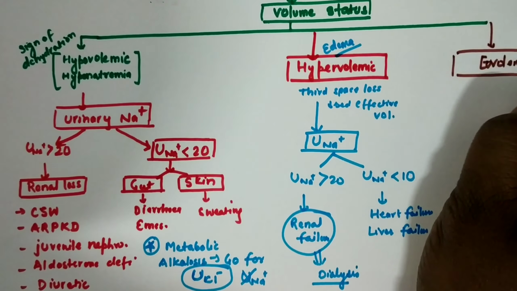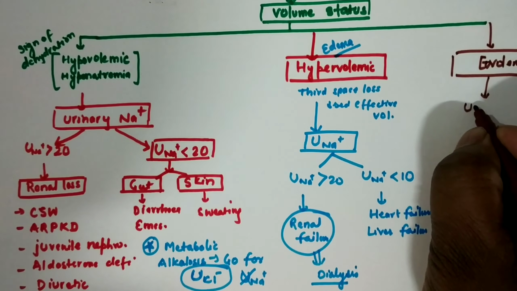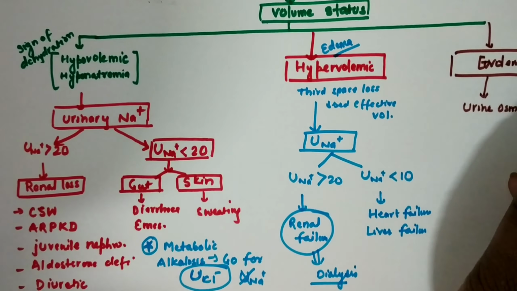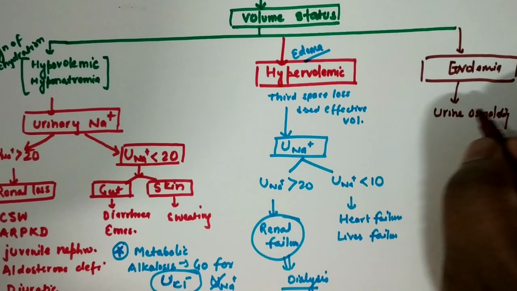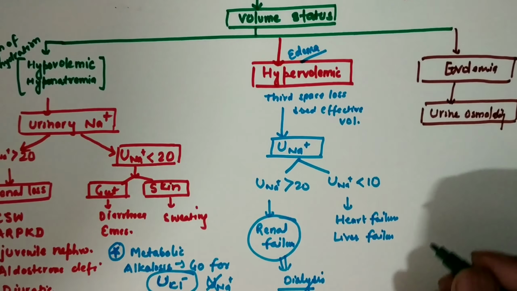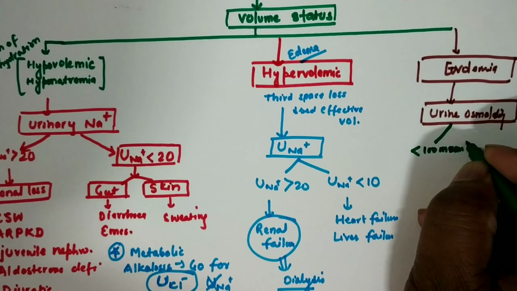And if we have euvolemia, that is a normal volume condition, in this condition we look for urine osmolality, whether it is dilute urine or concentrated urine.